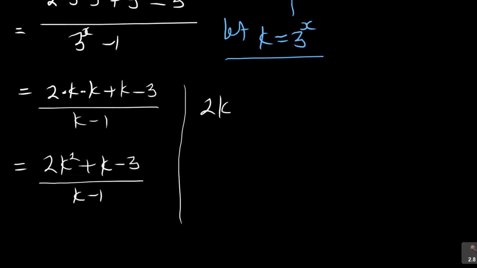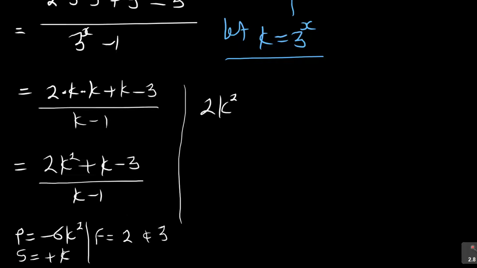It will be 2k squared, and the product here is equal to negative 6k squared, and the sum is equal to plus k, because this is factorization, and the factors are the factors of the product, which is of 6, which is 2 and 3.